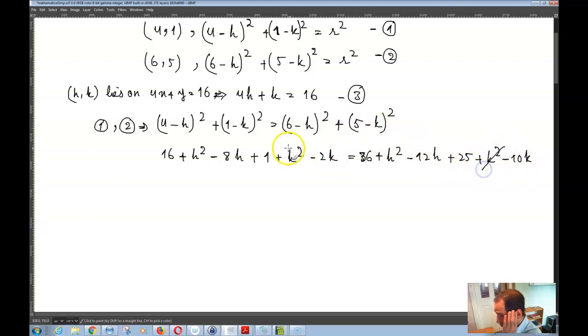So then I can simplify k squared, h squared, and I have negative 8h.